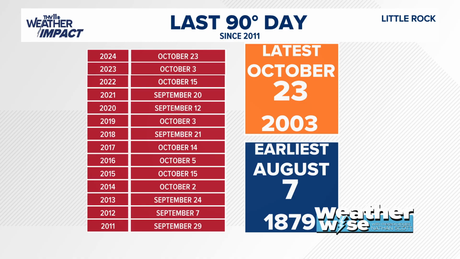But the earliest last 90 degree day on record, well, you have to go all the way back to 1879 when it happened August 7th. That is hard to believe, considering that we have plenty of 90 degrees through the month of August and even into September these days. The latest October 23rd back in 2003, which also ties, looks like, for last year.